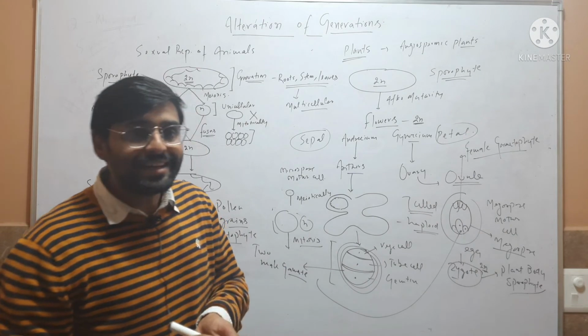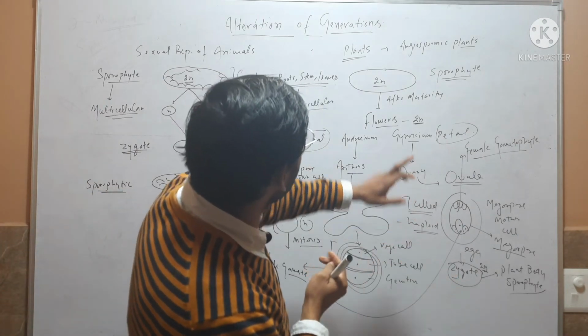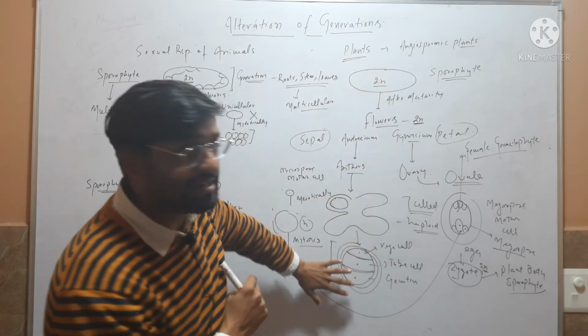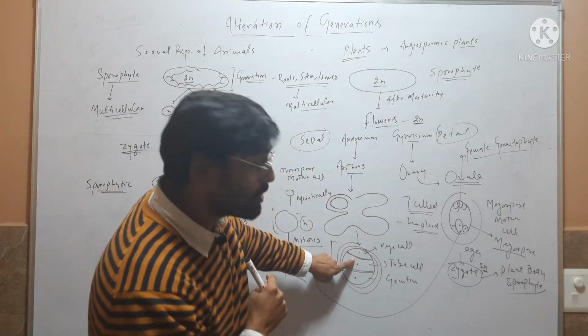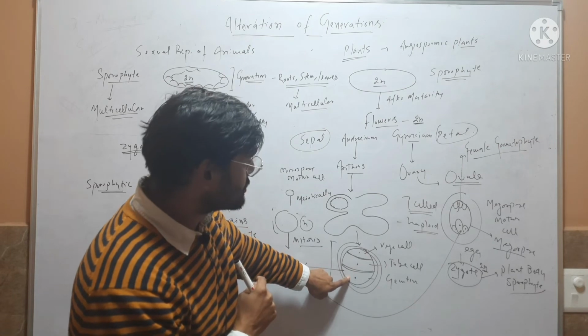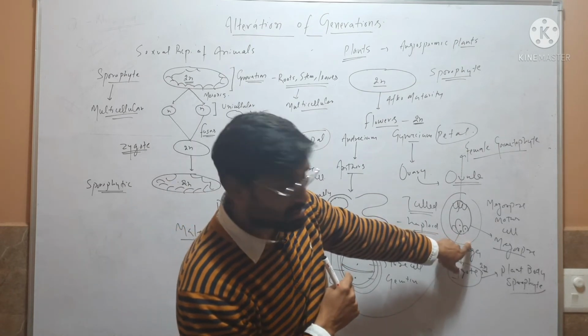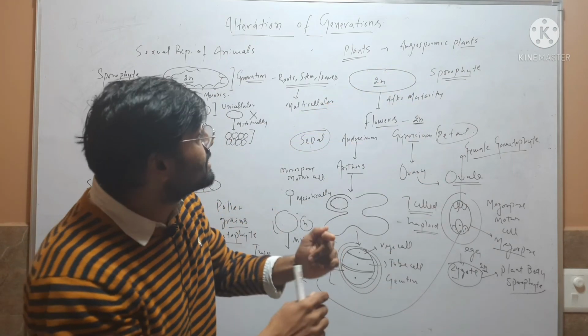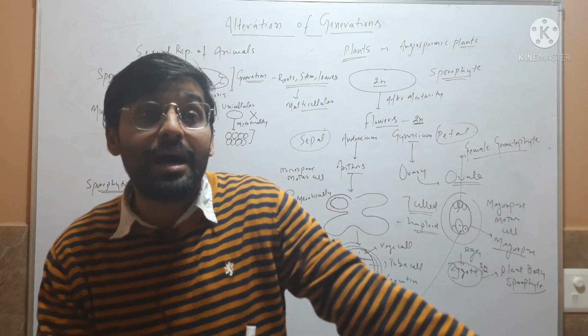You can clearly see that there are 2 distinct generations, because each is a multicellular haploid structure. So this is one generation and this is another generation, and these generations alternate one after another.